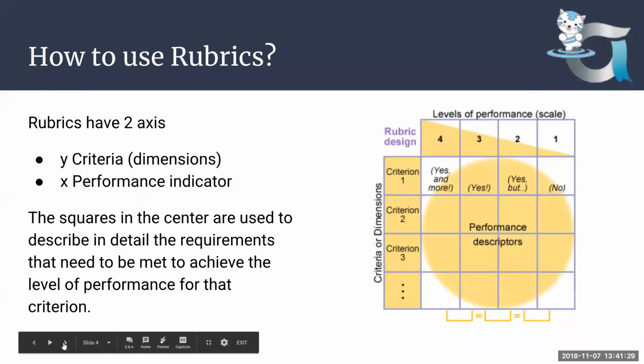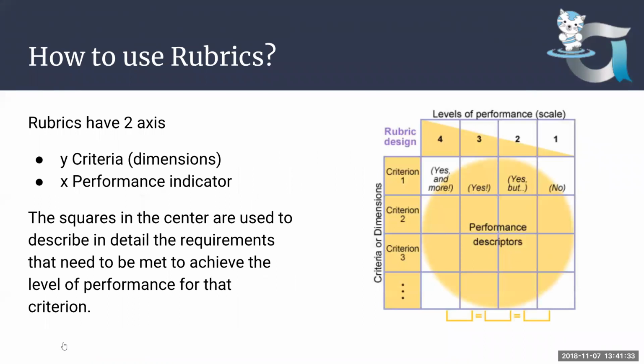So let's move on. How are rubrics designed, or how are they used? This is just an example. Rubrics can be designed or created in many different ways. The one that's depicted here is probably the more common way of doing it. But there are others, and you shouldn't restrict yourself to something like this.